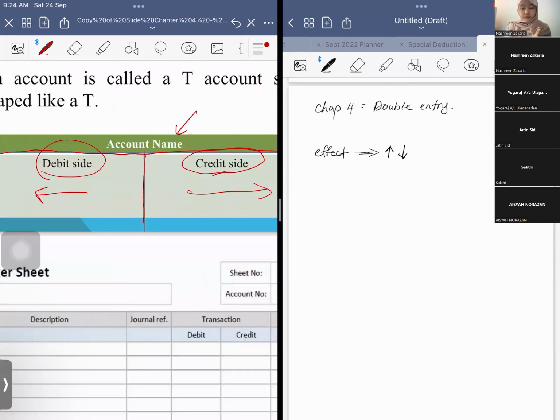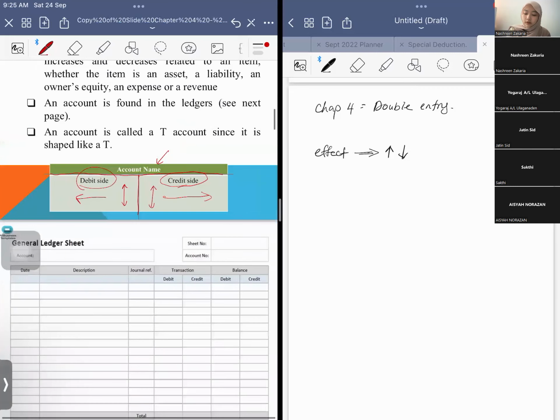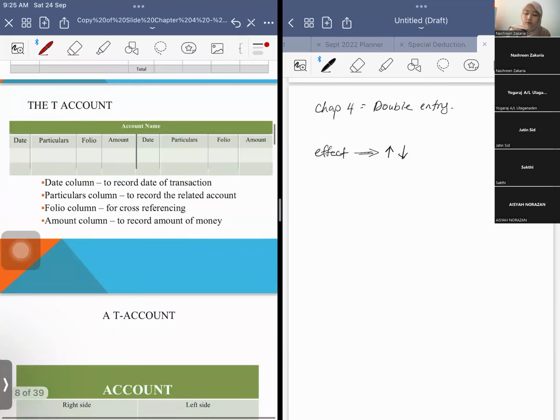So whenever you encounter an effect that requires you to record it on the debit side, the item should be listed here on the left side. Whenever you encounter a transaction that has a credit effect, you need to list it on the credit side. So that is a T account.